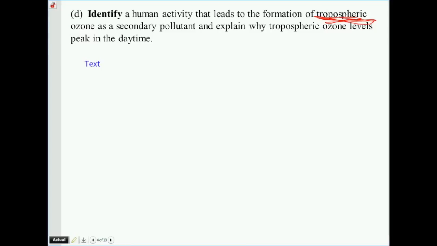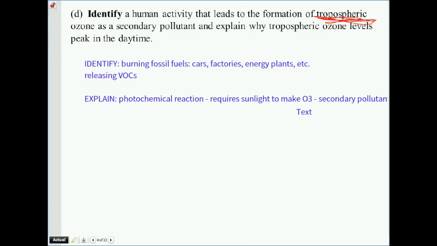So tropospheric ozone requires sunlight to be created. That's why they consider it a secondary pollutant, because it's not actually released, but things that are released from burning fossil fuels then react with sunlight to make ozone.